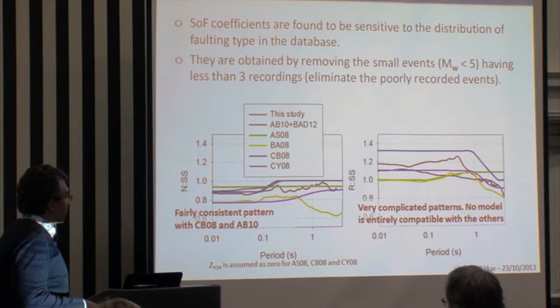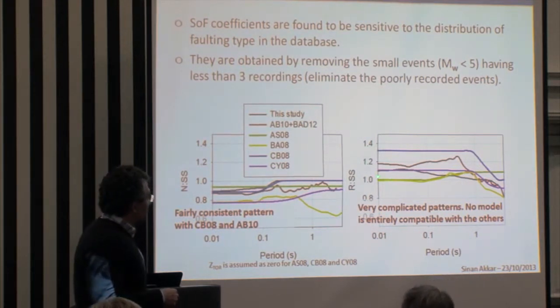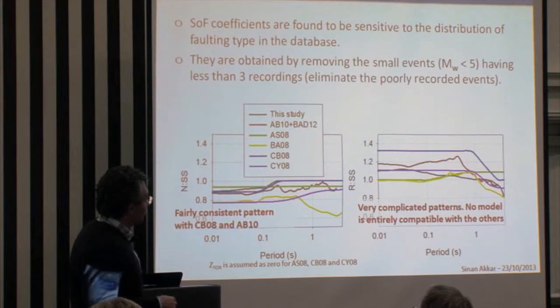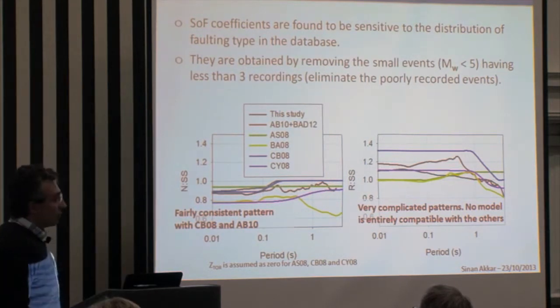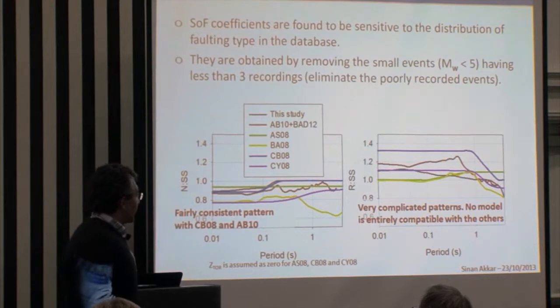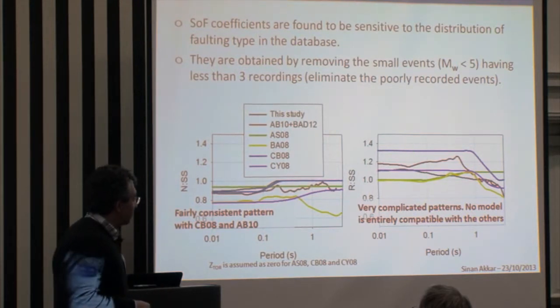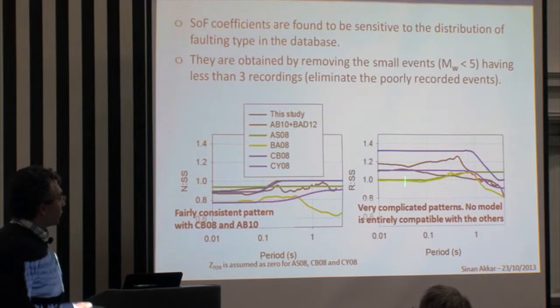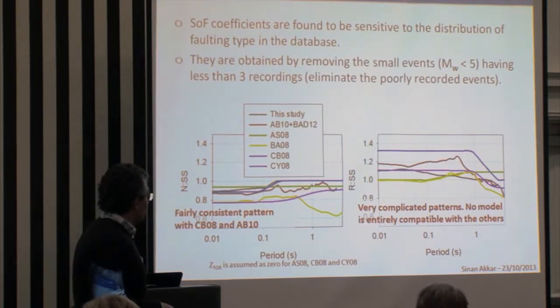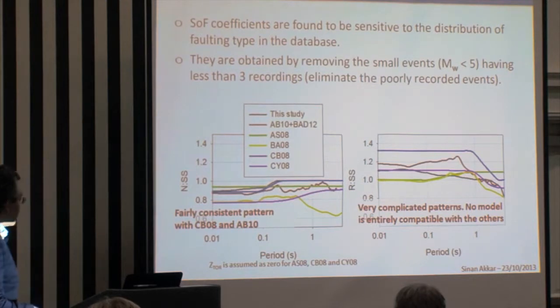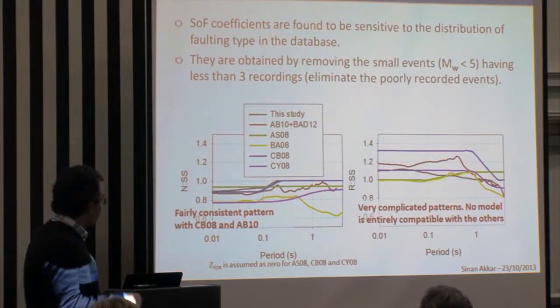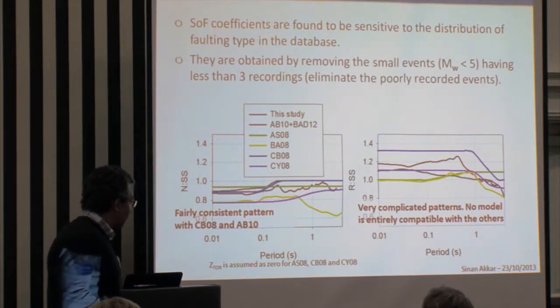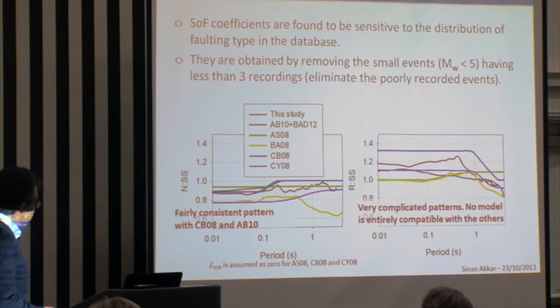For reverse to strike slip ratios, the comparisons show that the behavior is quite complicated. We don't have a good match with any one of the models compared here. On the other hand, the rest of the models also have quite a bit of difference in terms of estimating the reverse to strike slip ratio. For NGA West 1 models, we used Z-Tor as 0 in these comparisons.